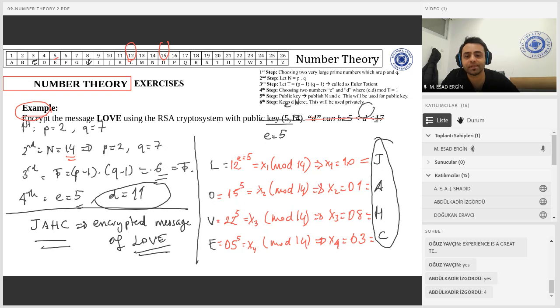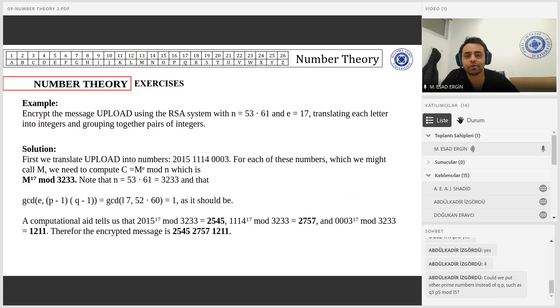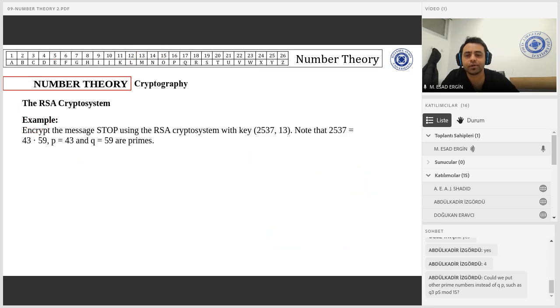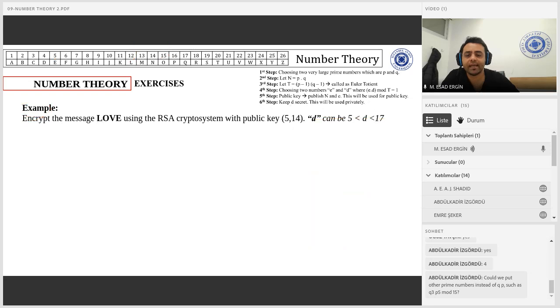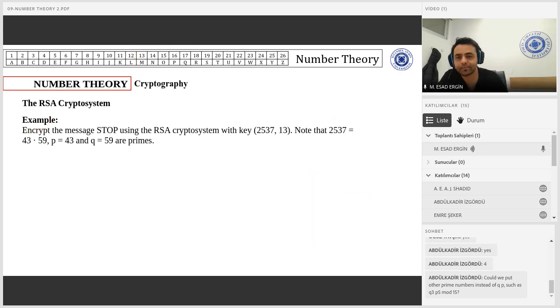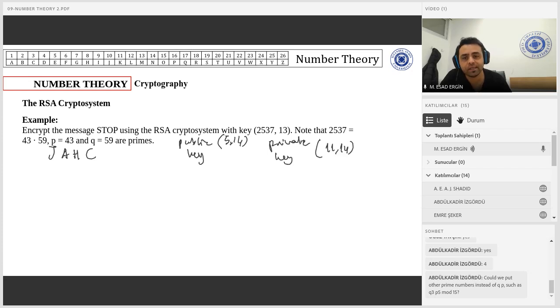If we want to decrypt this message, for example, if I have JAHC here, and we know the public key, but we do not use this public key. And also we have a private key. We are going to use the private key because it is used for the decryption, which is 11 and 14.